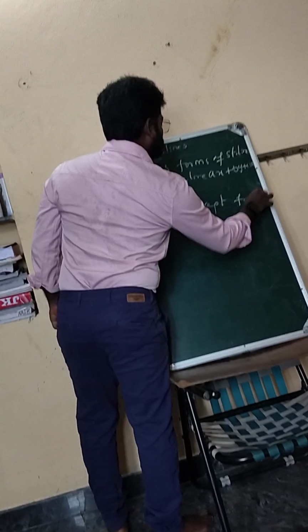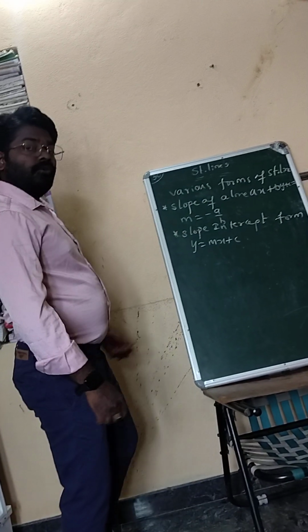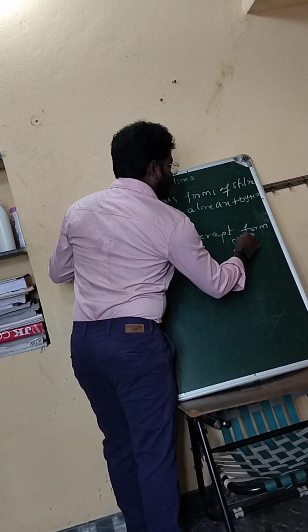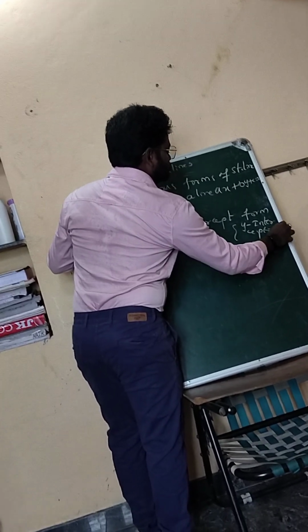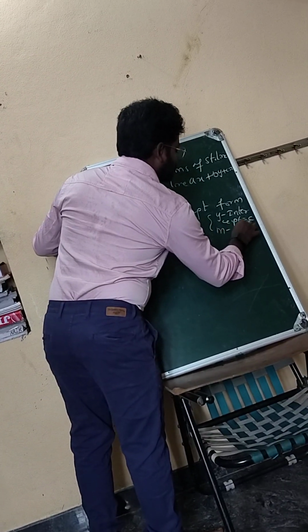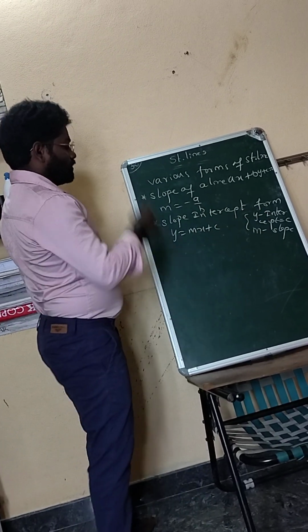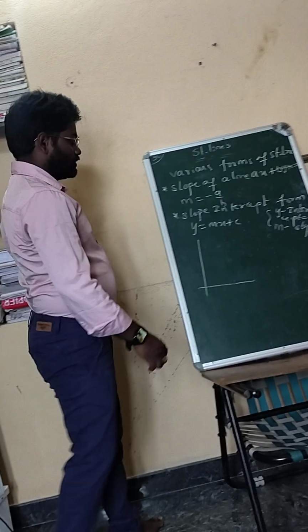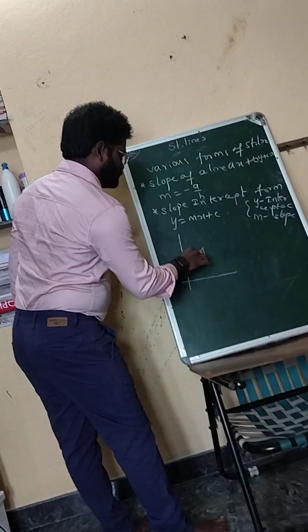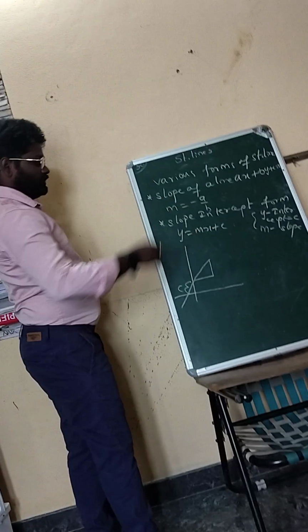What is the slope intercept form? y equal to mx plus c, where c is the y intercept and m is the slope. Now the proof of y equal to mx plus c. And this is the y intercept c.